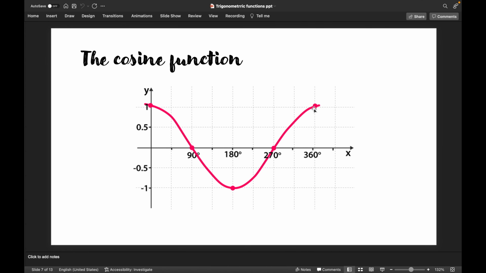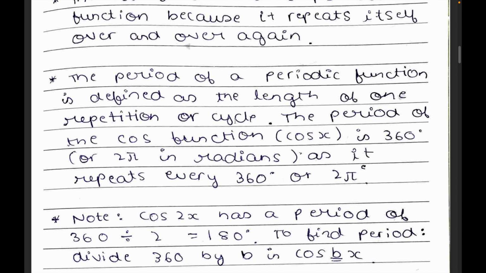So if you continue to draw this, you're going to have the same exact graph over here too, starting with 360 and ending at 720. The period of a periodic function is defined as the length of one repetition or cycle.